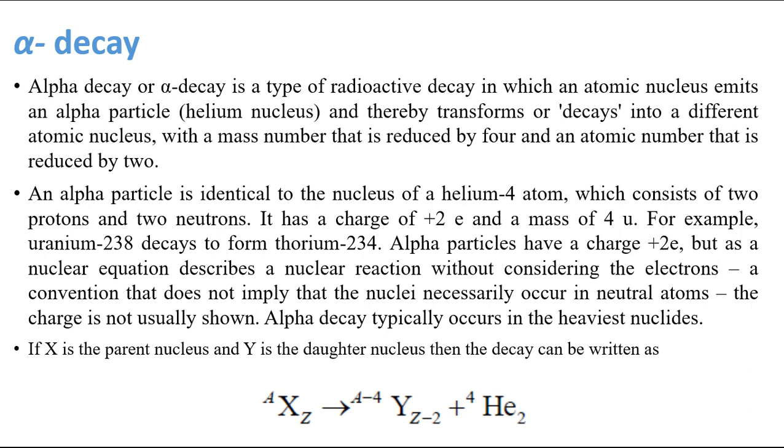As an example, uranium-238 decays to form thorium-234, and you can see the A number is decreased by 4. In the equation below, X, the parent nucleus, is decaying to the daughter nucleus Y plus the alpha emission.